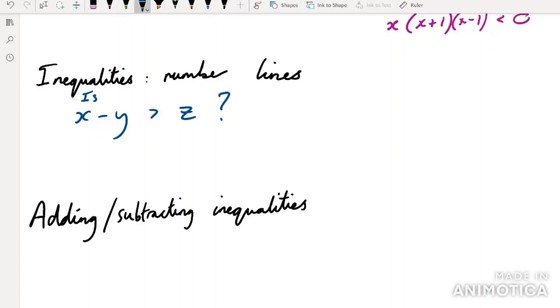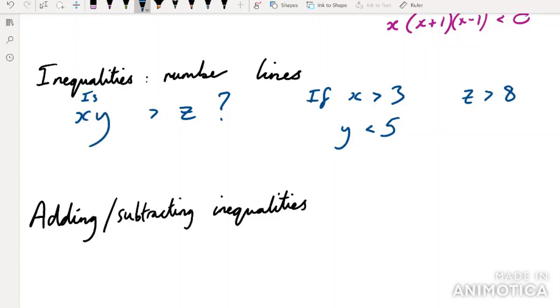So, for example, if x is greater than 3 and y is less than 5 and z is greater than 8, is xy greater than z?